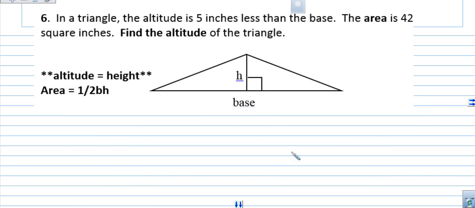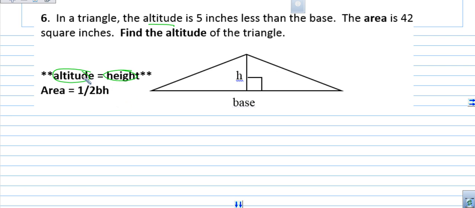Okay? Question number 6, the triangle question. Okay? So now it says the altitude is 5 less than the base. The area is 42 square inches. Find the altitude. So the thing you need to know is altitude and height are basically the same thing. Okay?